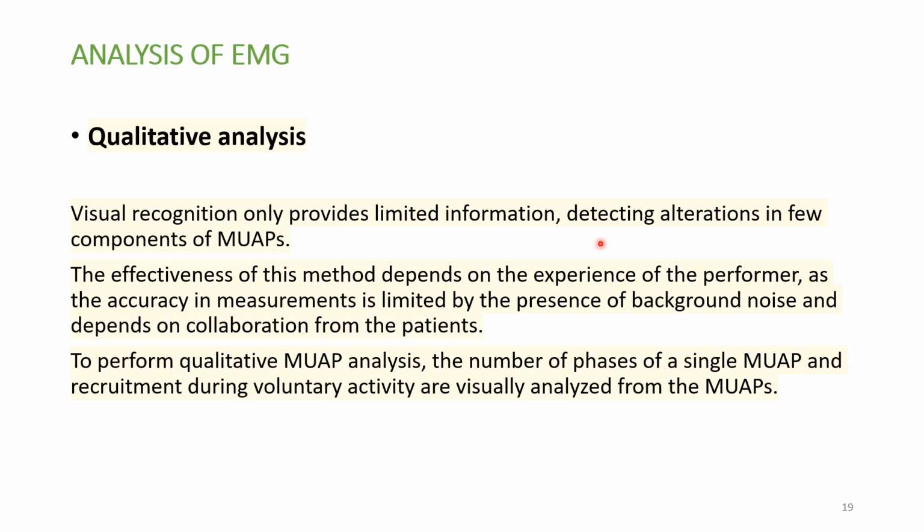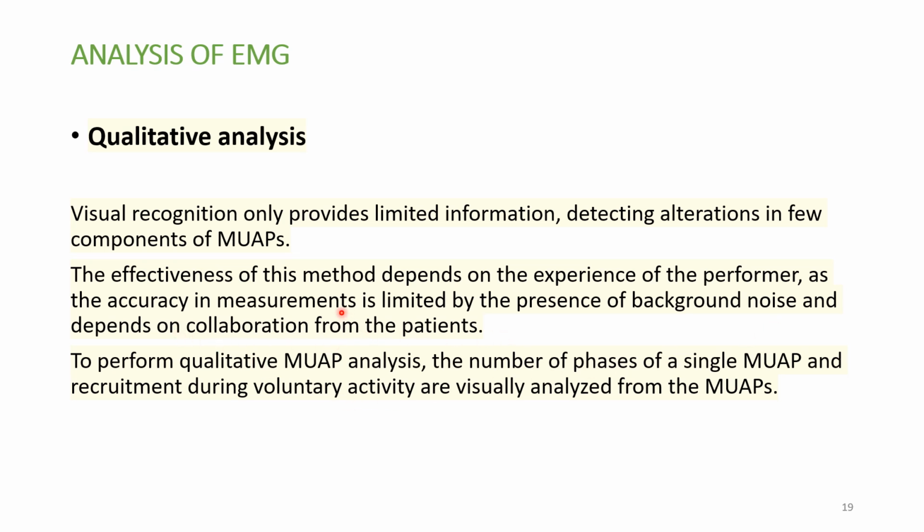It will detect some alterations in a few components of motor unit action potentials. But the effectiveness of this method will depend on the experience of the performer, because the accuracy in measurements is limited by the presence of background noise and depends on collaboration from the patients.